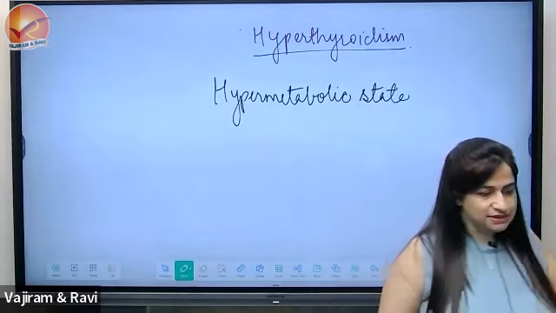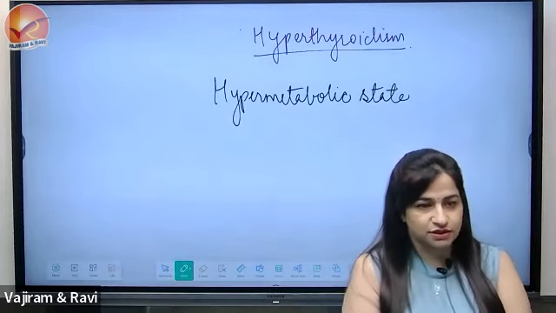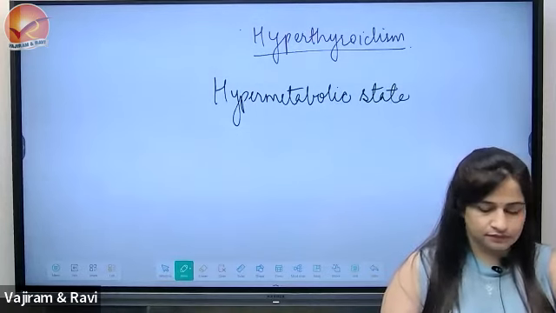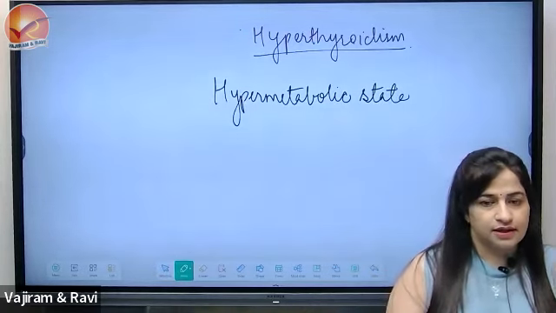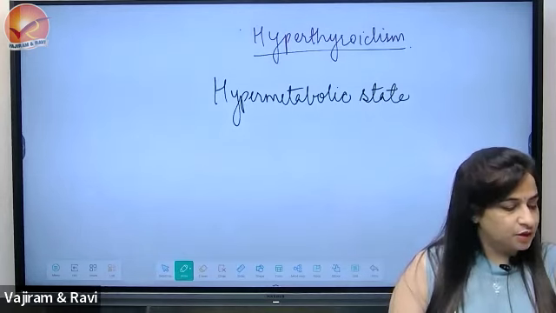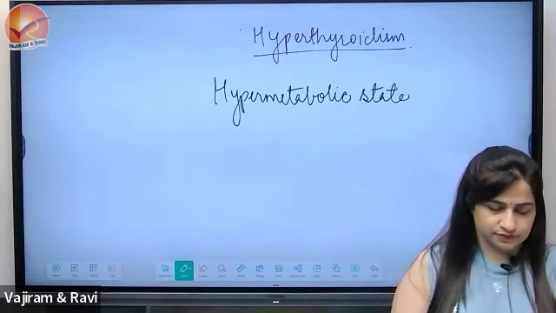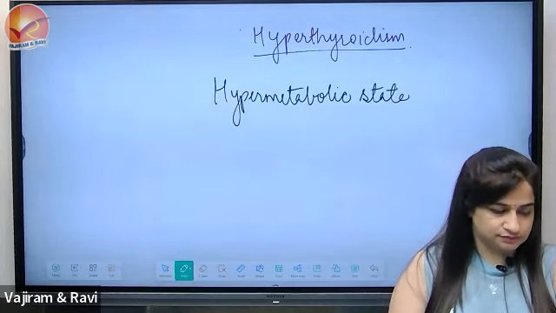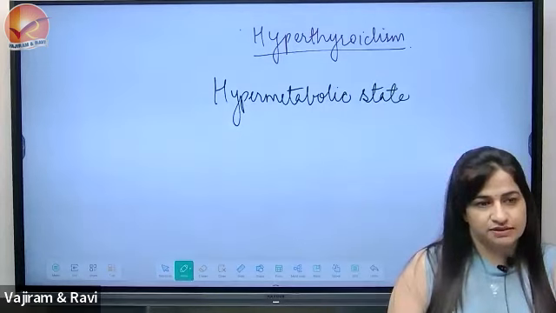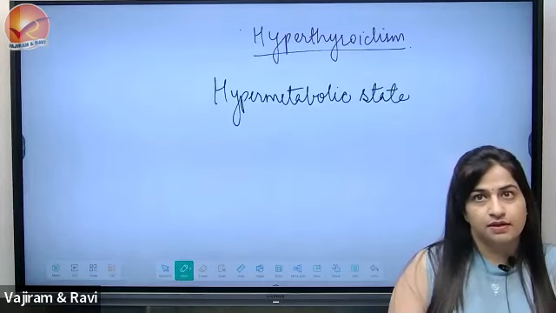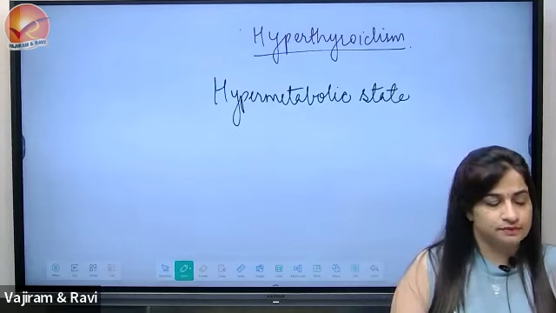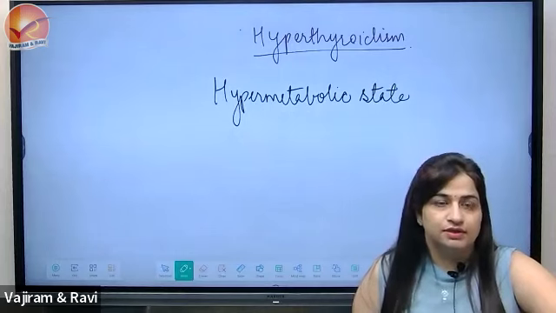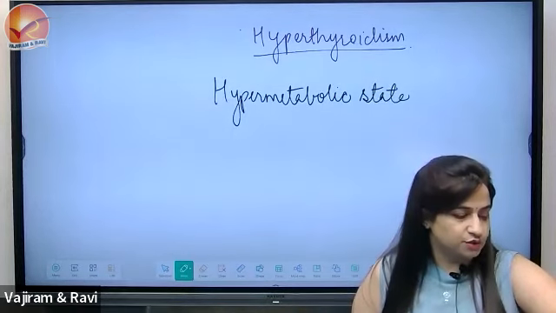So hypermetabolic state, just write down, it is induced by excess thyroid hormone and also overactivity of sympathetic nervous system, which is due to increase in beta adrenergic tone.